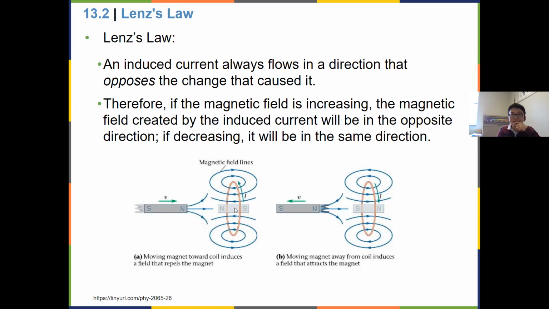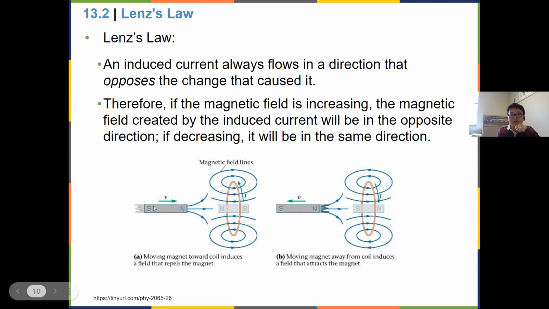So you have increasing magnetic flux here, and that's the change in the coil. There's a change in magnetic flux, so there will be an induced EMF in this coil, and as a result, there will be a current. We can call it an induced current in the coil. The induced current will oppose the change that caused it.